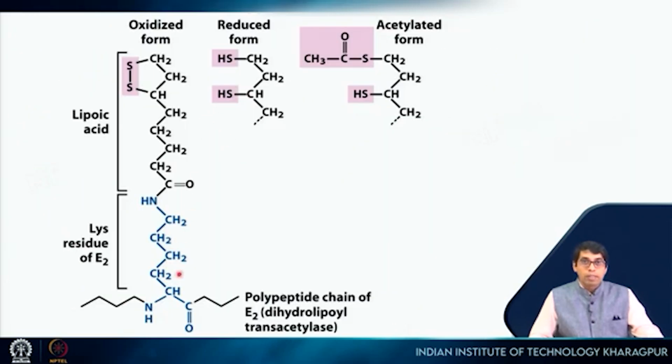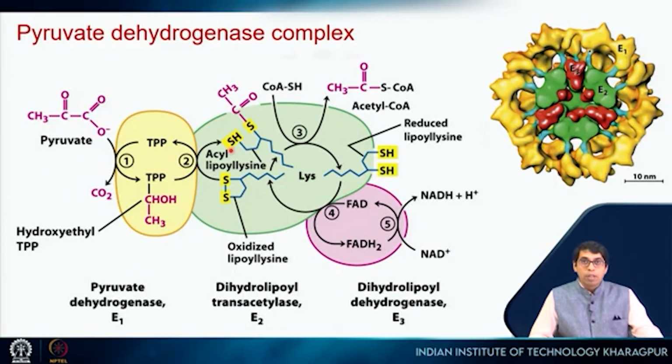You can see it in this structure. This is a long chain, so it is a very flexible part. It swings from this position to this position, right. And when it does that, this acetyl group is handed over to coenzyme A. So, now coenzyme A becomes acetyl coenzyme A, and we have this reduced lipoyllysine.